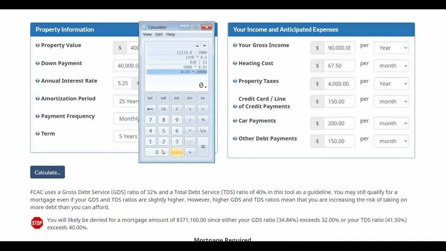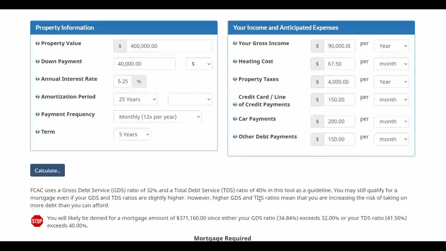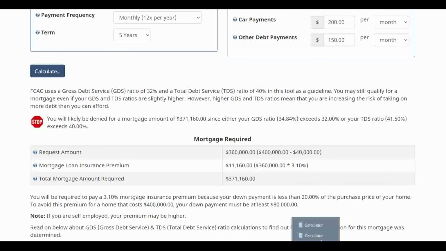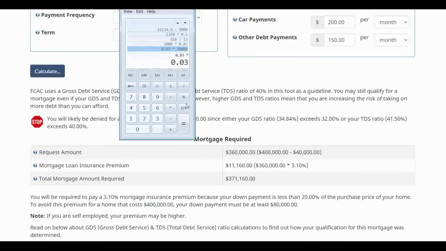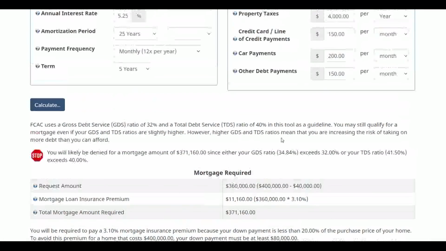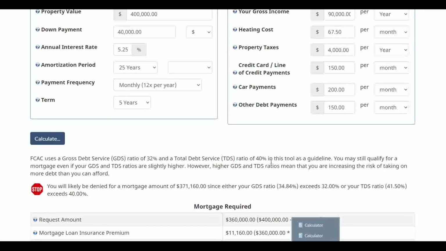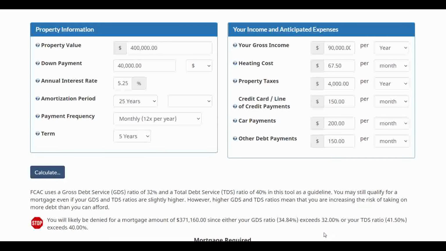You can do a 3% cashback, so 3% based on the total amount of money borrowed. So let's just say $11,134.80, right? So you have a cashback based on this amount.